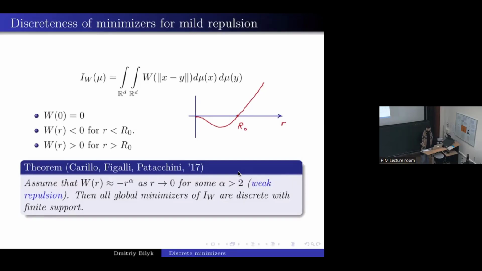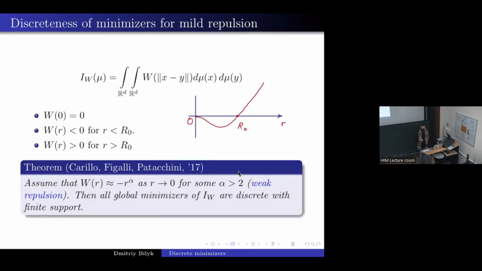So they consider the problem on the whole Euclidean space, but you have enough attraction here that minimizers are bound to exist. Okay, so the kernel looks like this. It's 0 at 0. Then it decreases for a while, and then it increases, and then it goes to infinity.